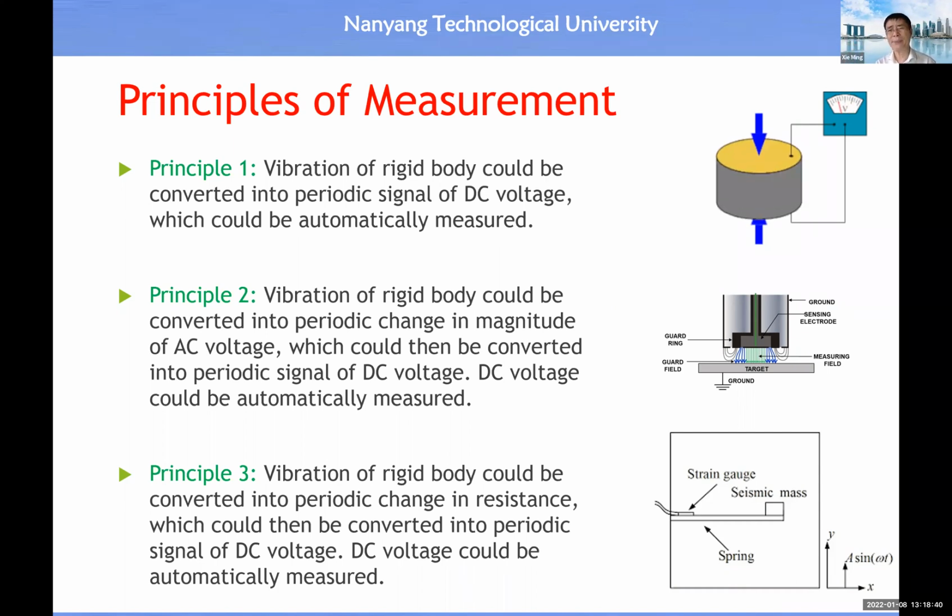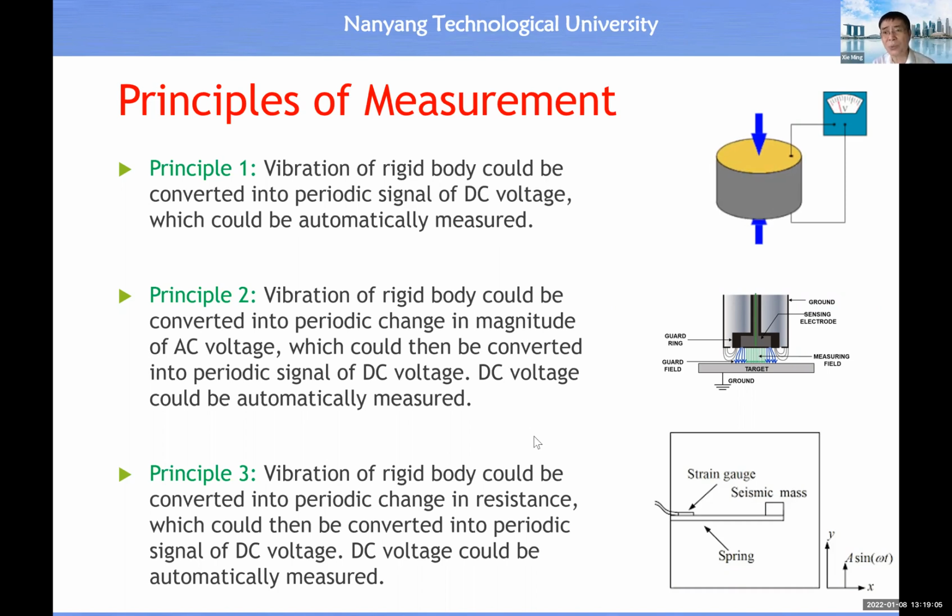To determine the amplitude, and then the frequency of vibration basically is equal to the frequency of the output signal. Because if let's say we only have a single source of vibration, then the output voltage should behave like a sine function, right? So this is the first principle.